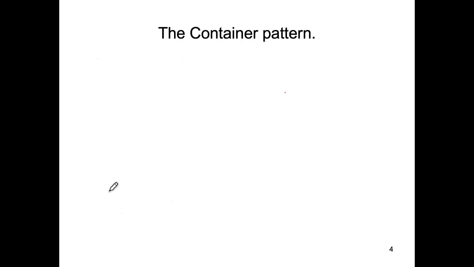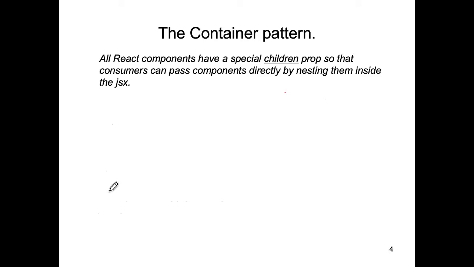So the first pattern in those 3 patterns that I mentioned 2 slides back was the container pattern. And the statement is saying that all React components have a special children prop. It's been there all along, we just haven't been using it up to now. And the sentence is saying that the children prop is there so that a consumer can pass components directly by nesting them in the JSX.